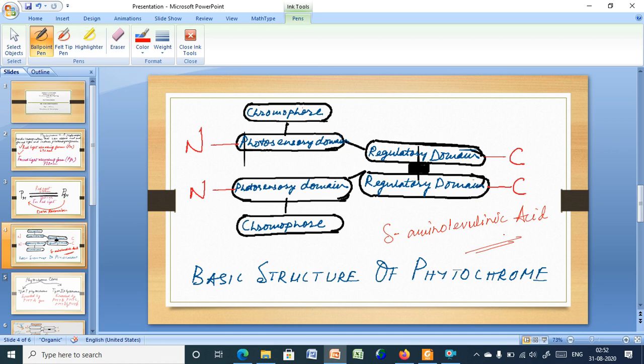And together the apoprotein, that is the polypeptide chain, and this chromophore form the holoprotein, or the complete protein part.